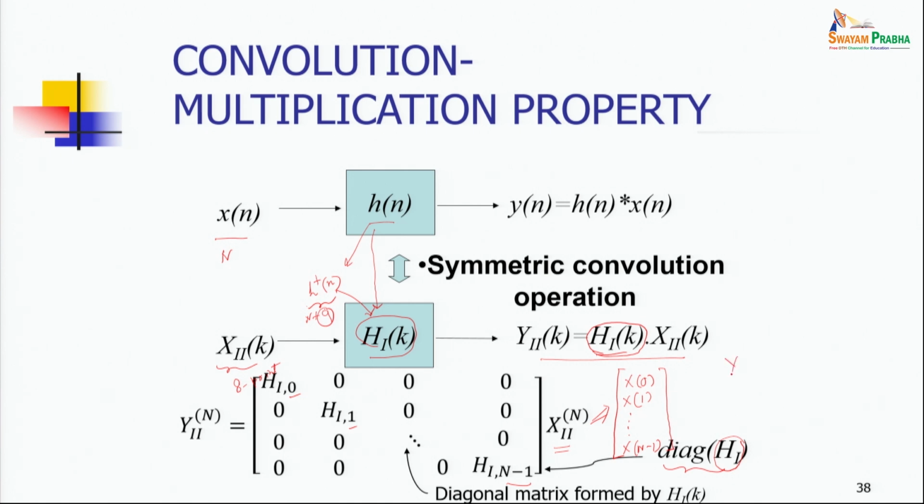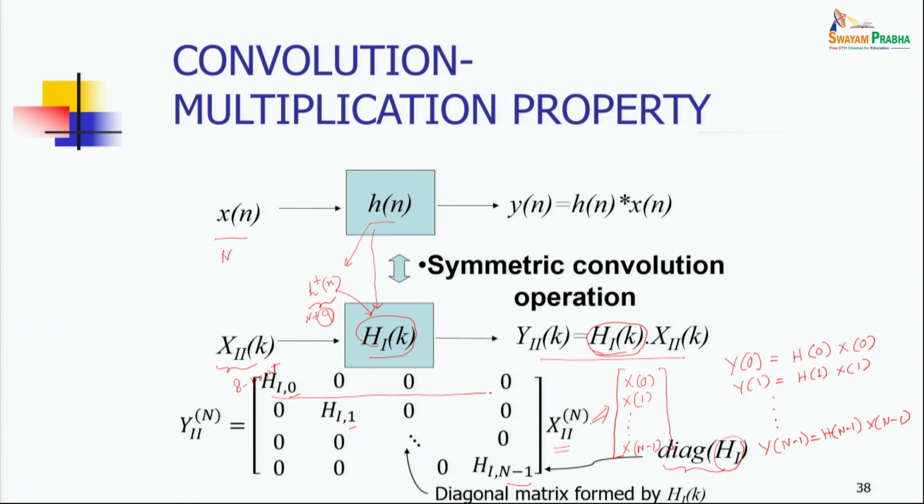You can see that my output would be y0 equals h0 into x0. Similarly, y1 should be equal to h1 into x1. This is how the output will be computed, and then yn minus 1 should be hn minus 1 into xn minus 1. That is what is computed through this diagonal matrix.